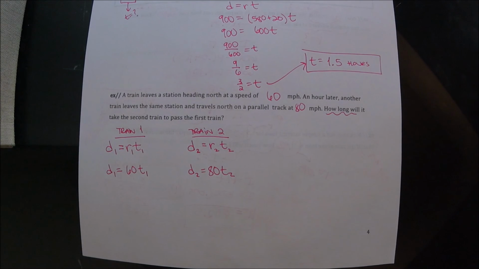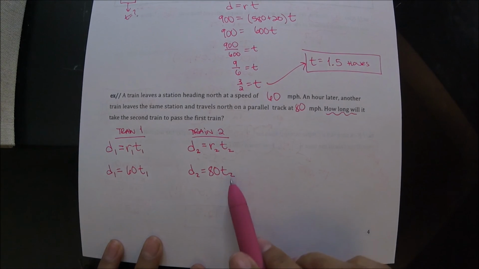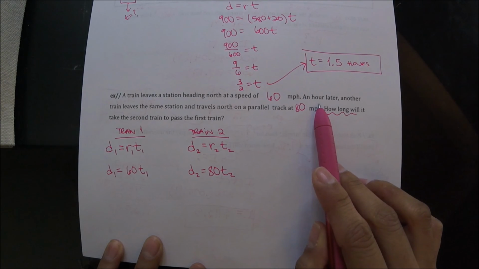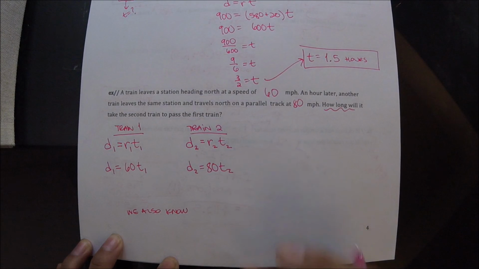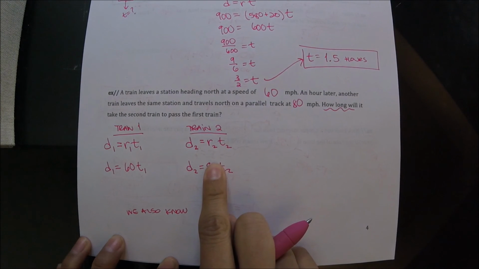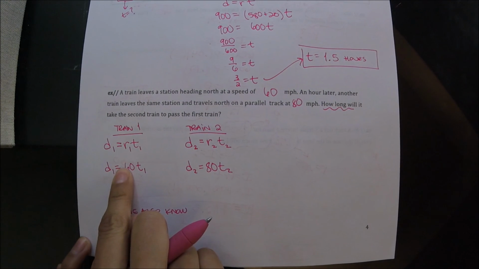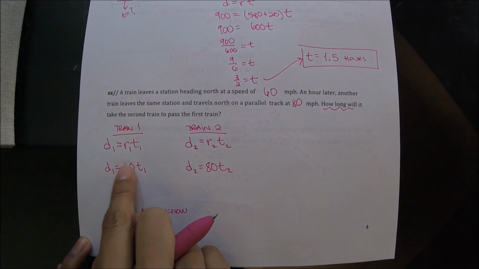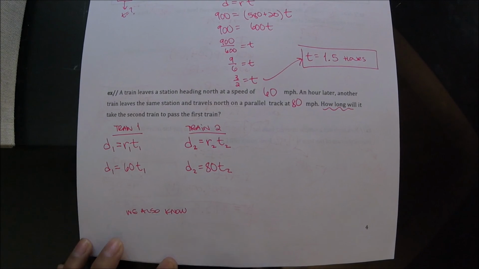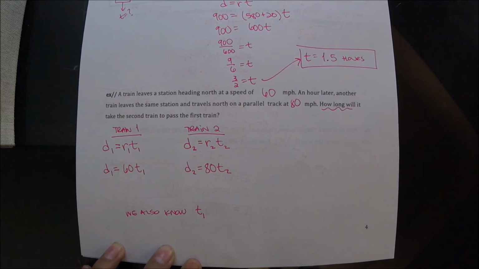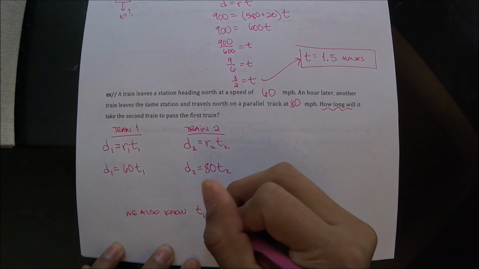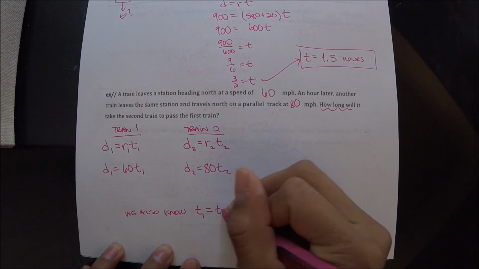But something extra that we know about this second train, since this train is leaving an hour later than this train, that means this first train is traveling for more time. So we know that train 1's time is an hour more than train 2's time.